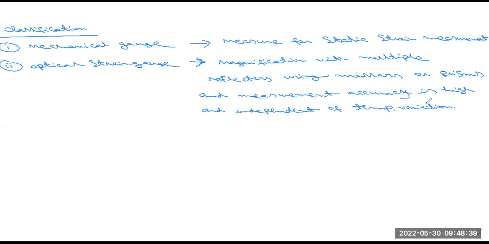It is used the same as the mechanical gauge system, and it magnifies with multiple reflectors using different types of mirrors or prisms, and measurement accuracy is high, and it is also independent of the temperature variation. So when you have to work in any humid area or any very hot area, where the temperature changes, in that case you have to use this optical strain gauge system.